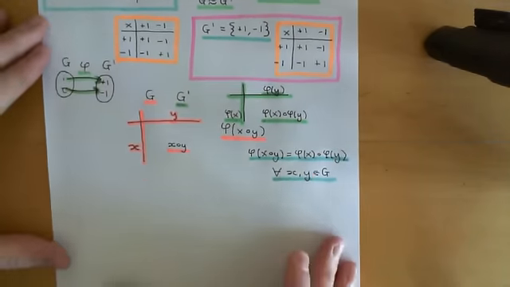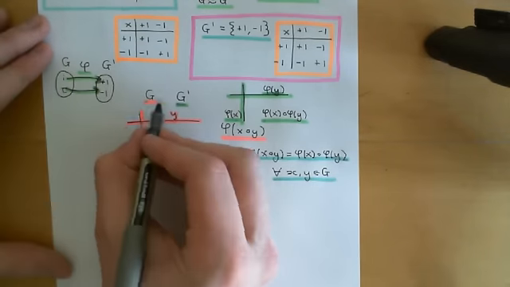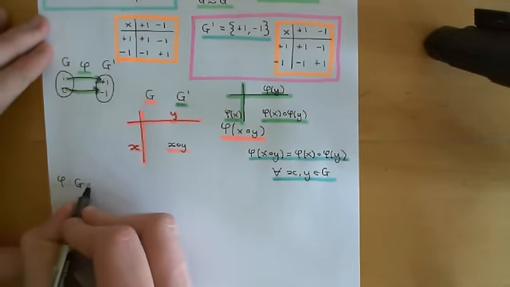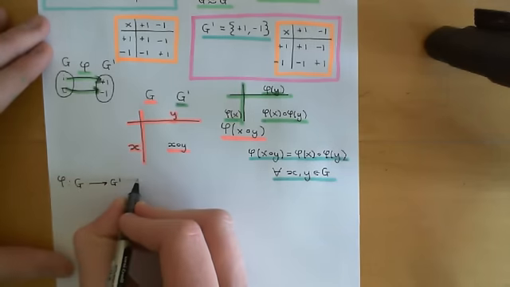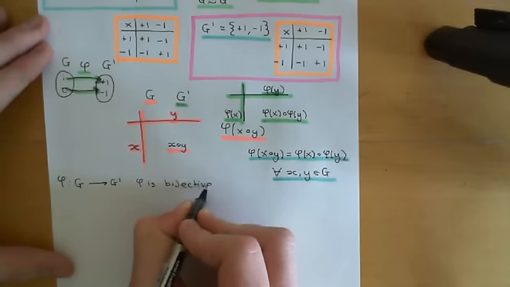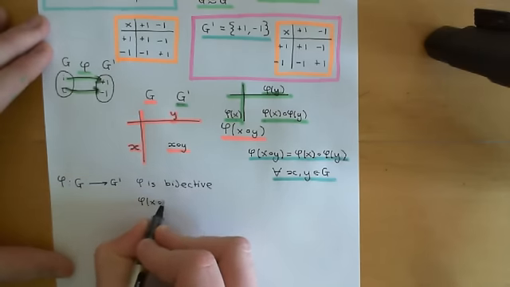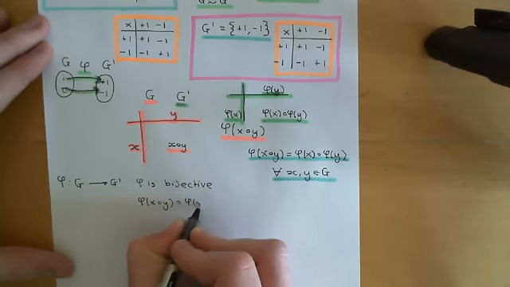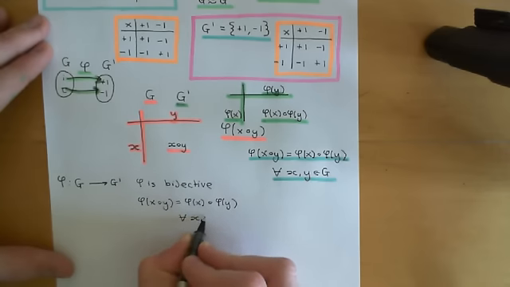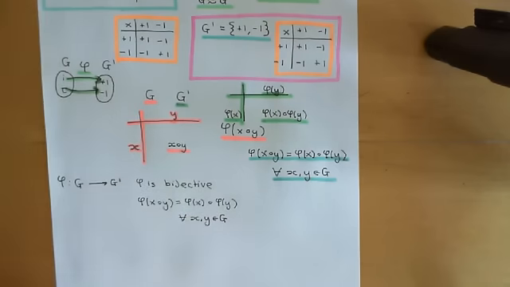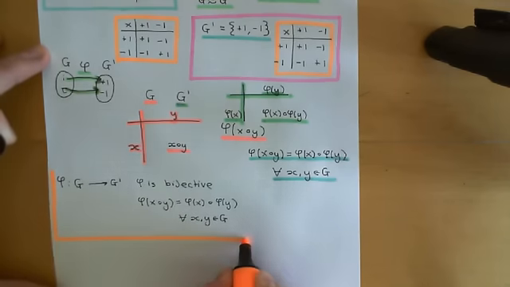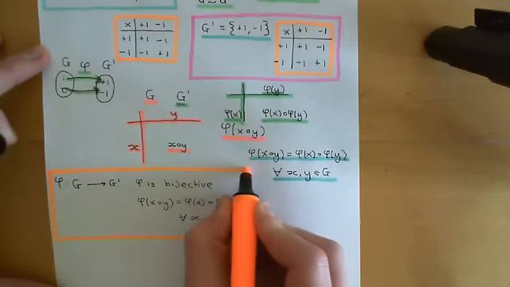So to put all of this together, two groups, G and G prime, will be isomorphic if there exists a mapping phi which maps G onto G prime, where phi is bijective, so it needs to be injective and surjective, and phi of x composed with y is equal to phi of x composed with phi of y for all little x and little y in big G. That is the way you will see the condition for two groups to be isomorphic written, and that is the definition of an isomorphism, a map that obeys all of that.